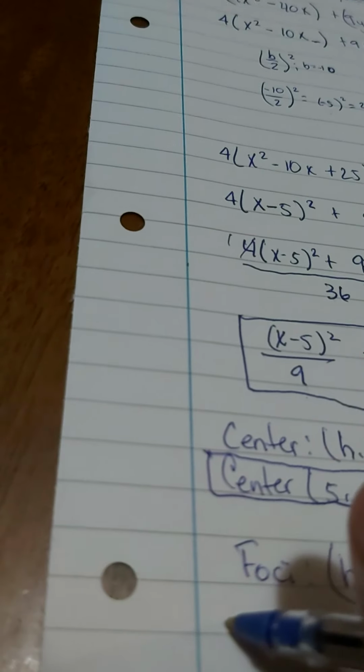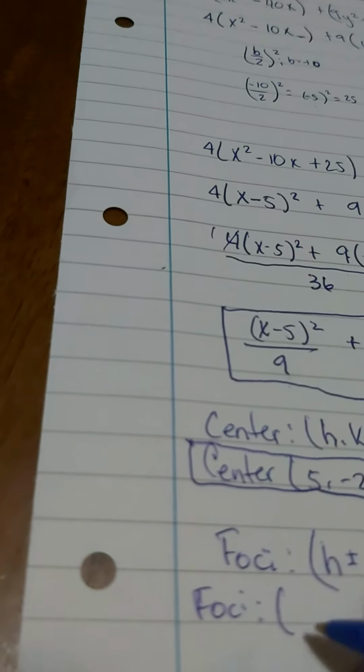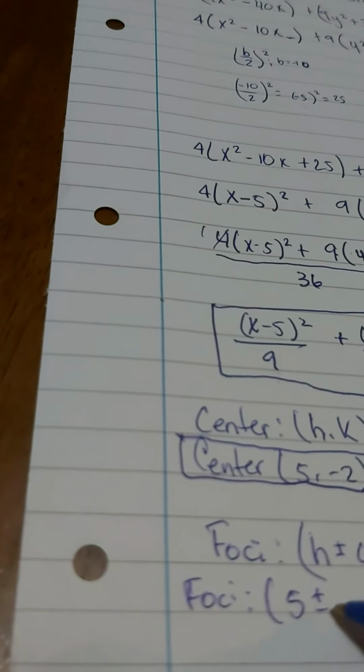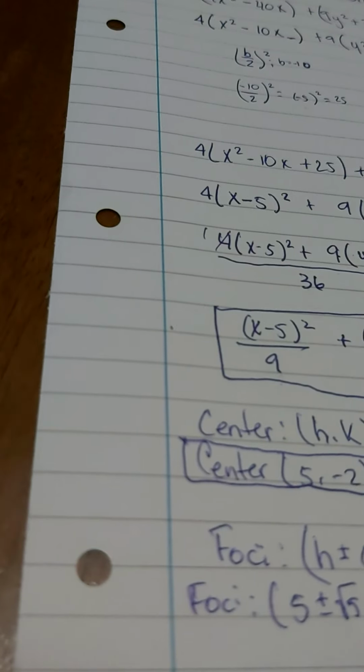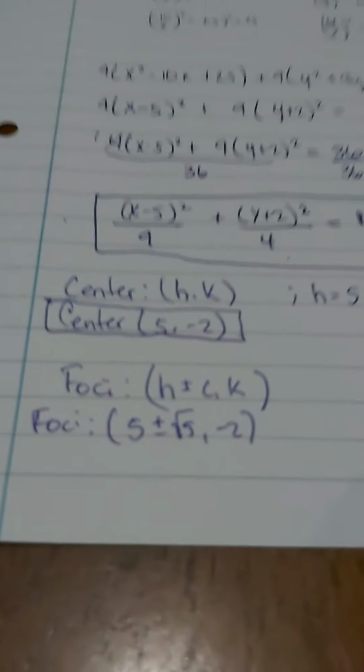So that means that the foci will be h, 5, plus minus c, square root of 5, k, negative 2. Okay?